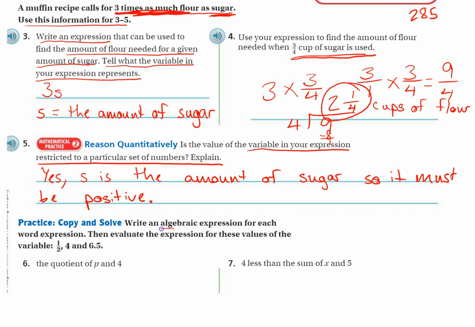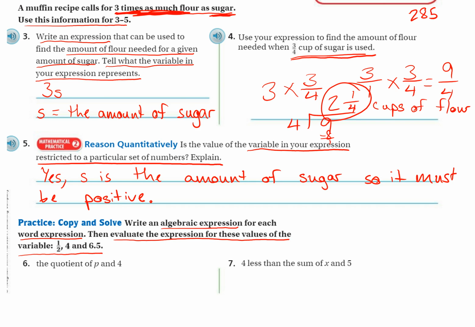Okay, write an algebraic expression for each word expression, then evaluate the expression for the values of the variable 1/2, 4, and 6.5. Okay, so we got to do 2 things here. 1, we got to write the expression down.